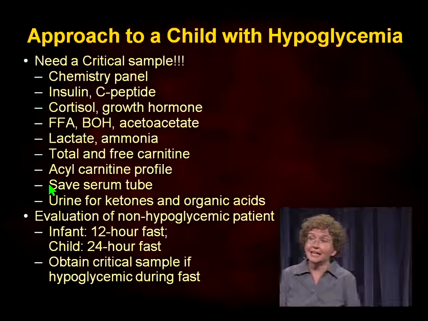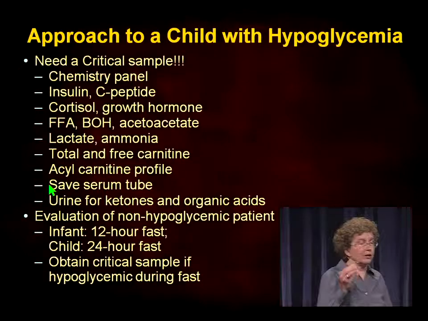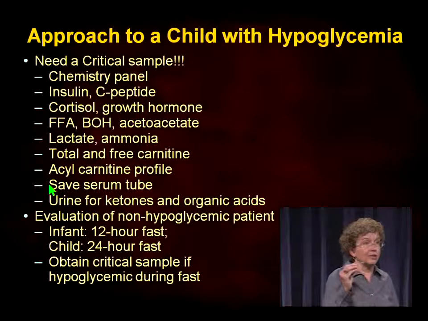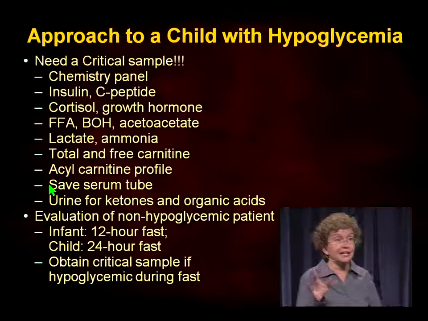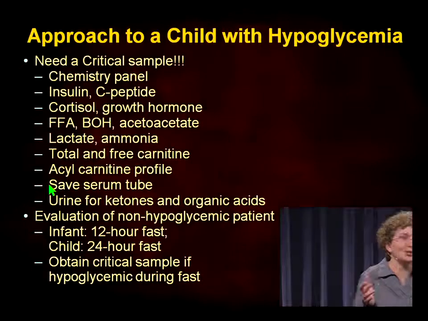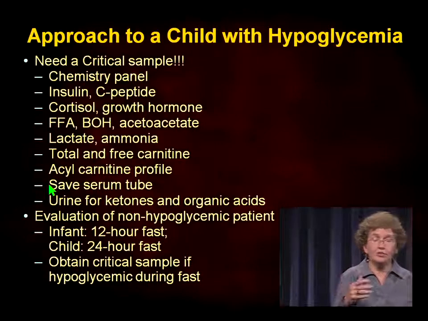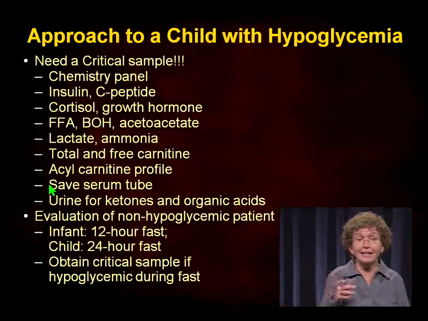So when you see these kids, they're in the ER and they're seizing, and it's very scary, and everyone's trying to stop the seizure and get the blood sugar up. But that's great, you've got to get this critical sample. Somebody else should be trying to get blood while somebody else is getting the blood sugar up. I always say, don't call it critical for nothing, because if you don't do it, then they say we have to send them to endocrine because their blood sugar was low.